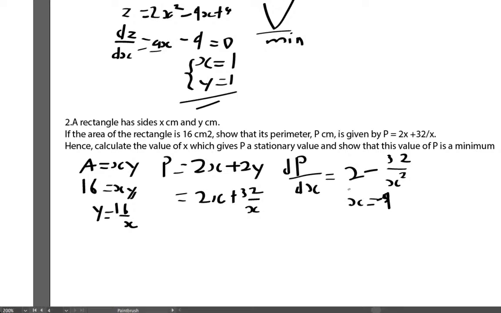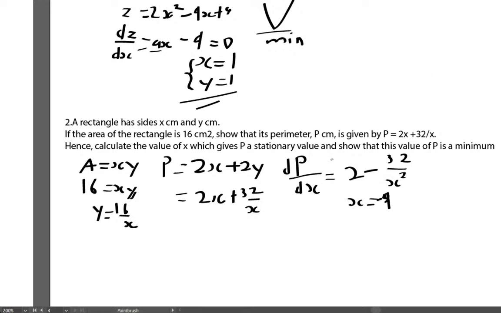Well, all of them actually have a stationary value. So that's basically that. But I'll say that x is 4 because why not? Well, actually, it's plus or minus.